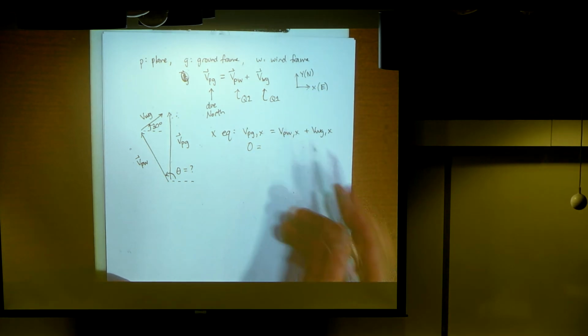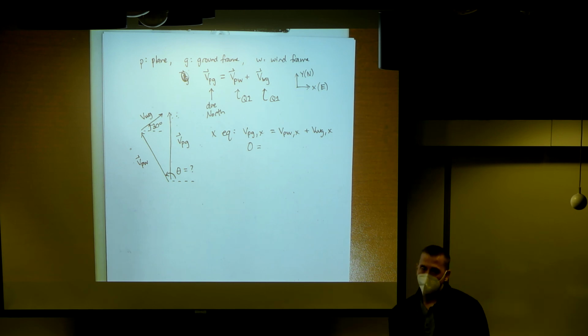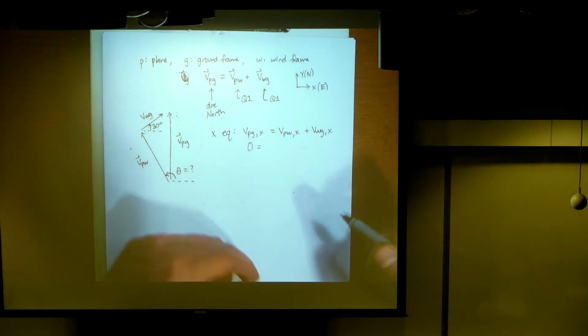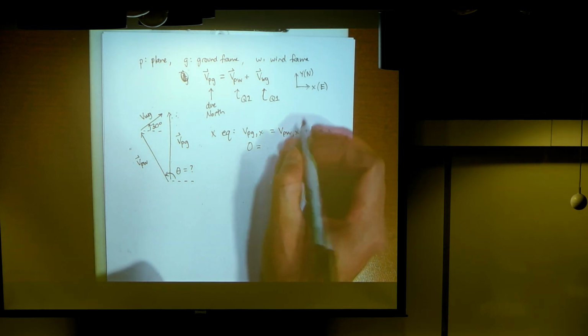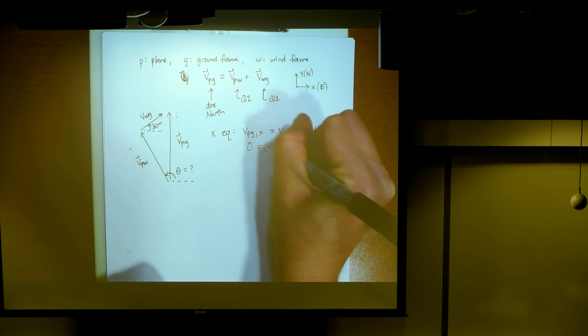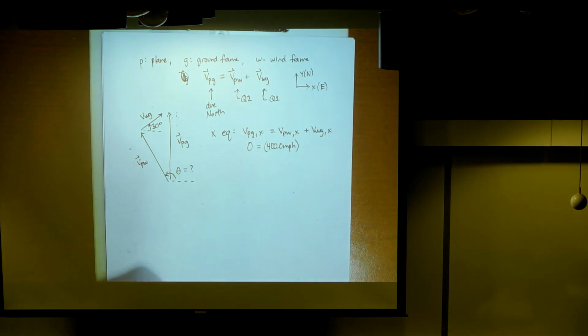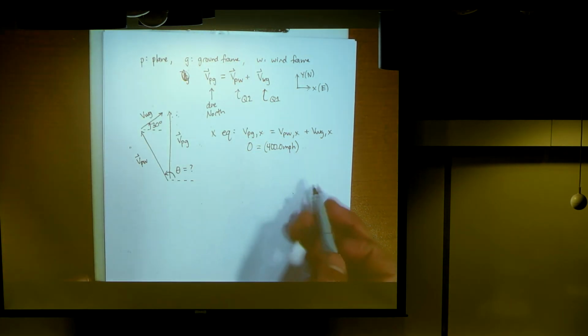Okay, velocity of the plane relative to the wind in the x direction. Well, with any vector, if I take the magnitude times cosine of the angle, that should give me the x component, right? So the magnitude of this vector is 400 miles per hour, because that's how fast the plane moves relative to the wind.